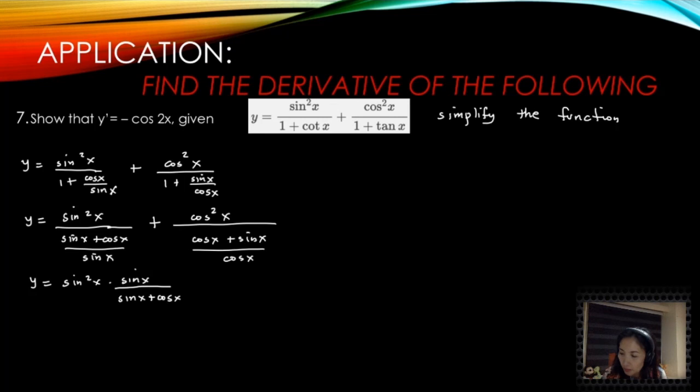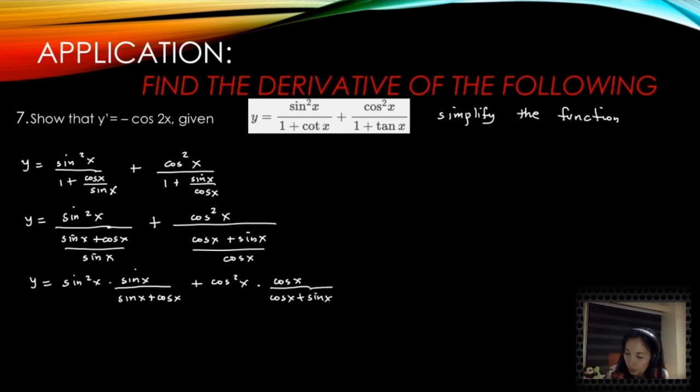Now we do the same with the second. Cosine squared x times, if we get the reciprocal of the denominator, we'll end up with cosine x all over cosine x plus sine x.